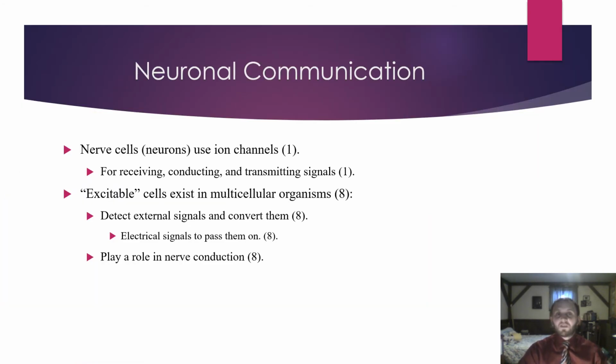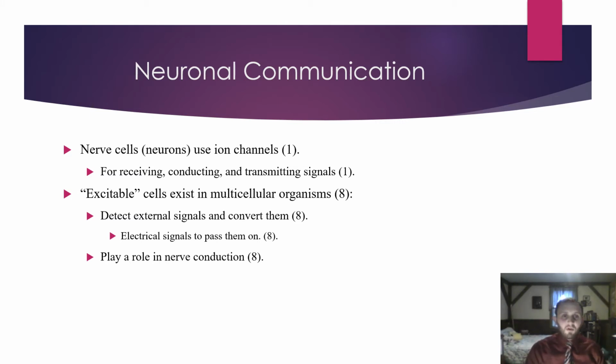So, obviously, we need nerve cells for neuronal communication. After all, it's part of the nervous system, and the whole point of neuronal communication is to have nerve pulse signals travel from the sensory or motor neurons to the brain.